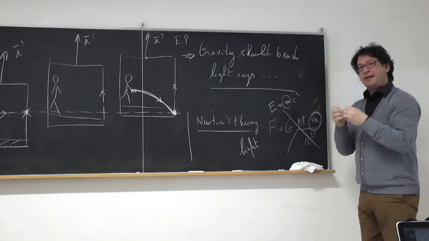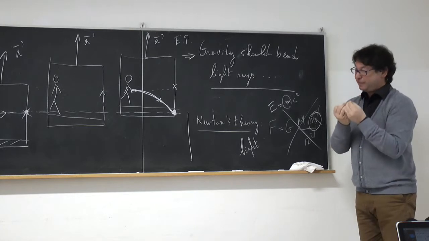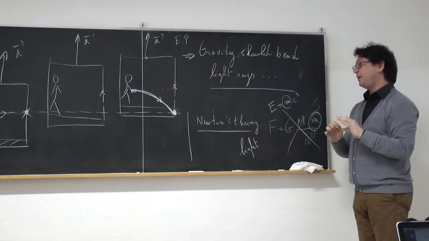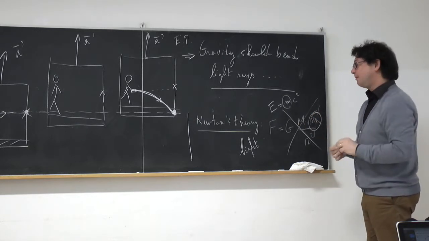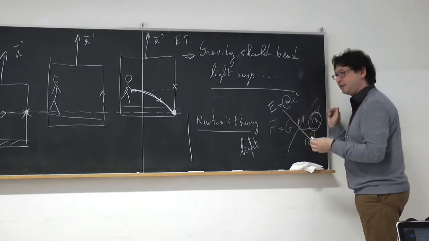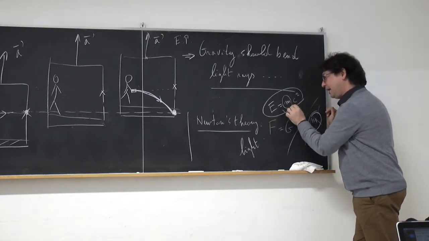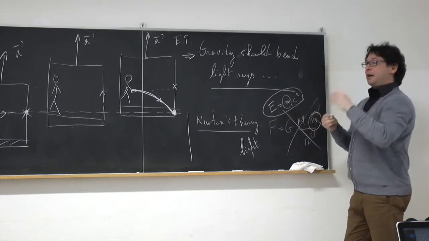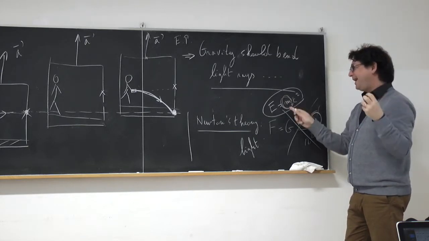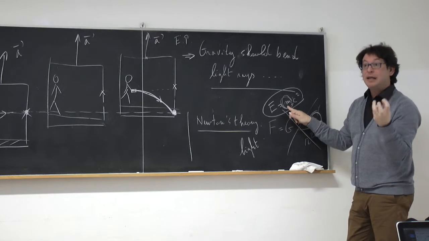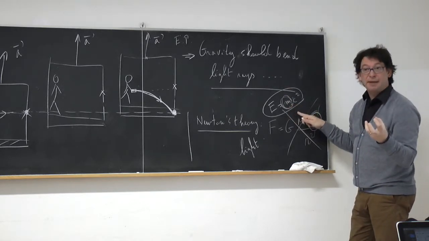So if you want to be fundamentally consistent with special relativity and Newton's theory, you try to make this sort of merging between these two great theories. You have to include this. But if you include this, then a light quanta, a photon, must have an equivalent inertial mass. And by the equivalence principle, this inertial mass is equivalent to a gravitational mass.